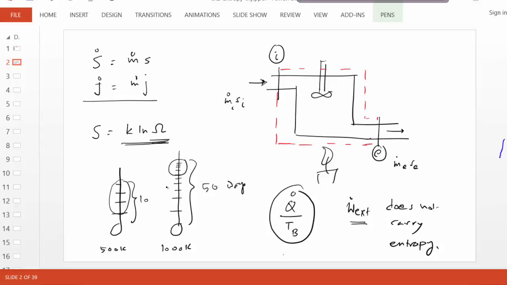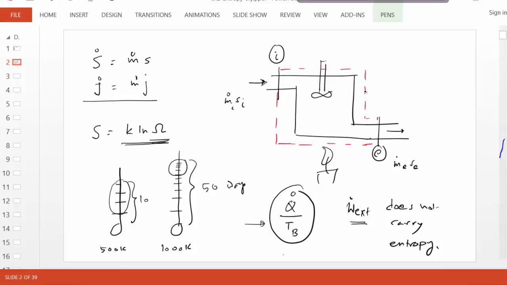How? Because different energy levels are hitting the molecules on your fingertip. As a result, all these molecules will be activated at different levels, increasing the number of ways in which energy is stored. And so all you need to know in this case is the boundary temperature at which the heat is crossing the boundary, and this will be our measure of how much entropy is crossing the boundary.